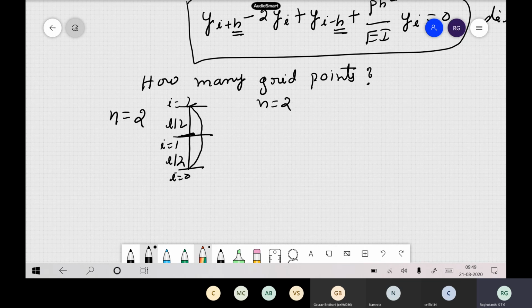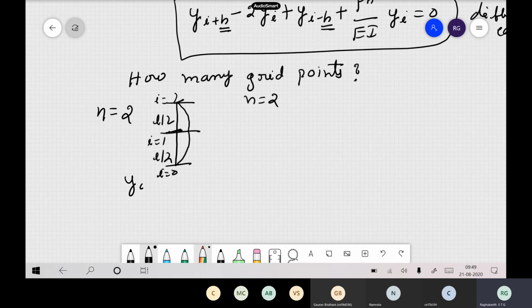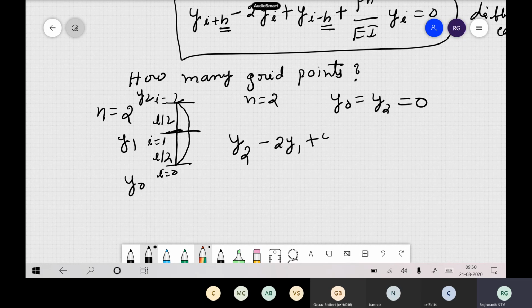Now when you write this expression, you have y0 here, then y1 here, then y2. For this problem, y0 and y2 are at the supports, so they are equal to 0. Now if you write this equation, y2 minus 2 times y1 plus y0 plus P L square by 4 EI times y1, because your h is L by 2.